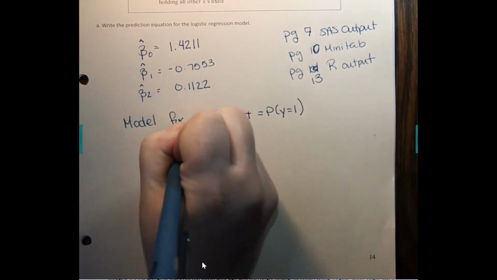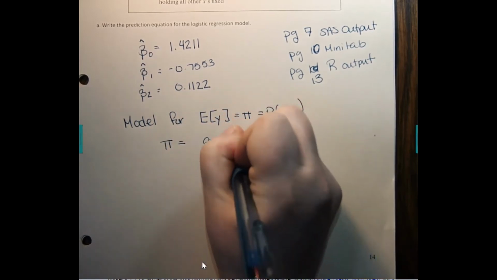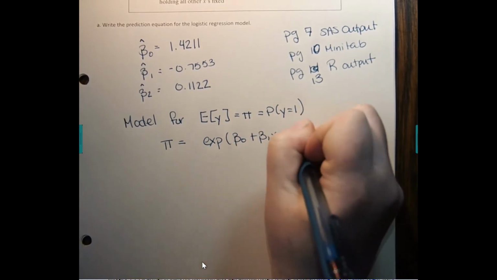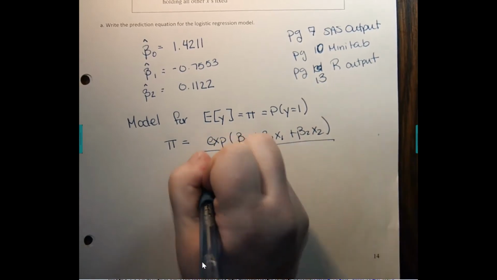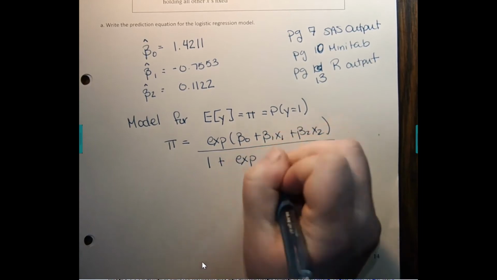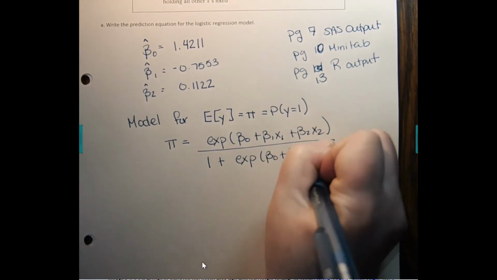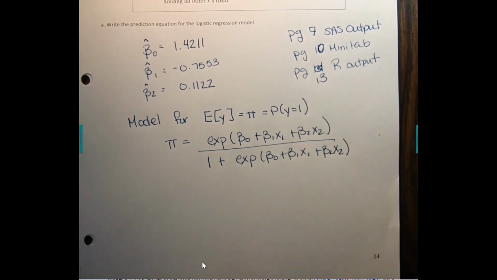In this case, pi is equal to exp of beta naught plus beta 1 x1 plus beta 2 x2, over 1 plus that same exponential. Notice I'm writing this in terms of the parameters, so I'm not putting in any of those values that we found yet, because those are going to be the estimates. Okay, so there's our model.